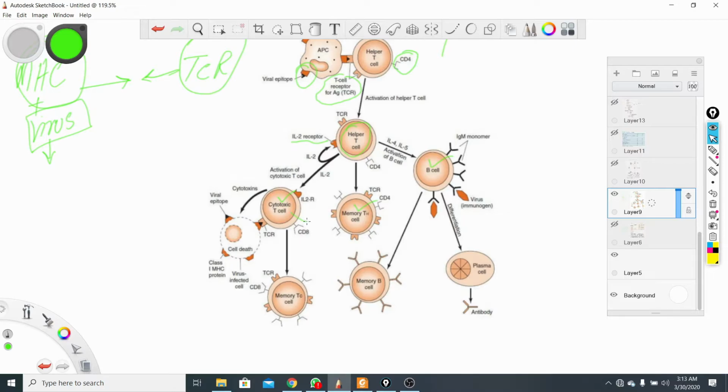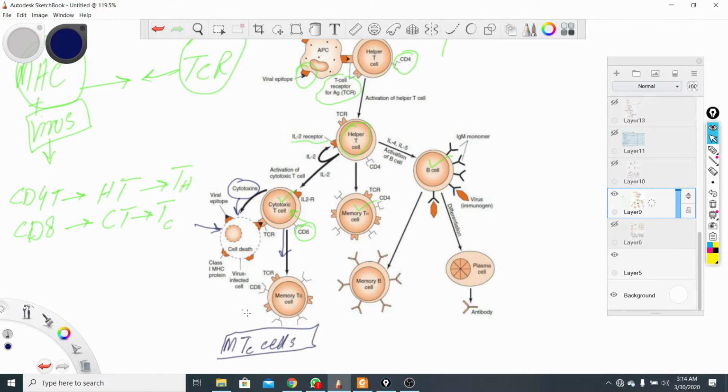Helper T cells induce IL-2, and by this the cells can differentiate into cytotoxic T cells, also known as CD8 T cells. These cytotoxic T cells induce cytotoxins, which are very important to kill the virus in the long run. They are also differentiated into memory TC cells.